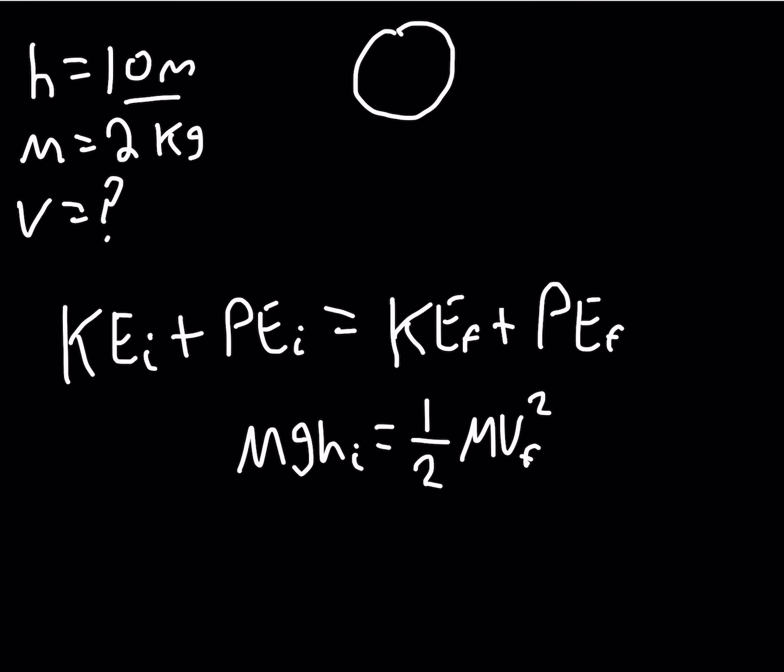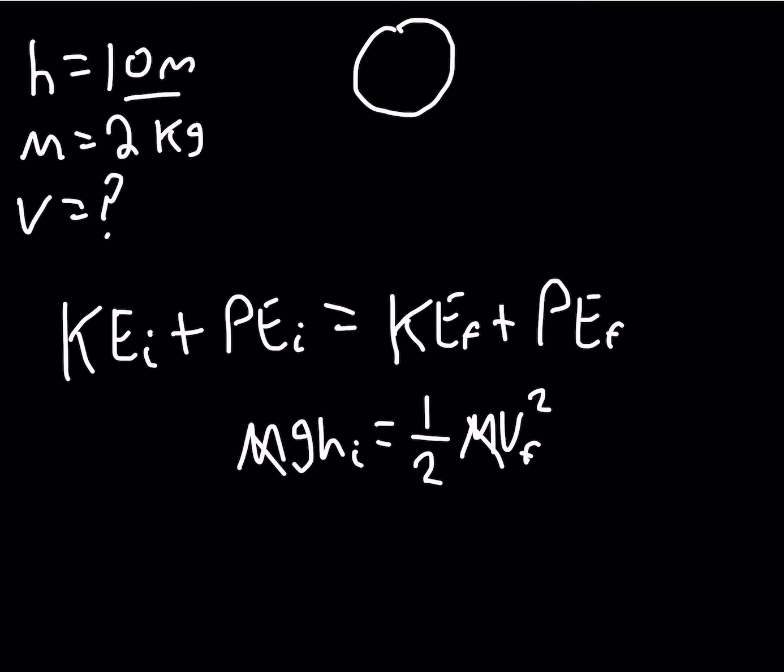So now from here, let's isolate for v. That'll be easier for us. So first, let's just cancel out m from both sides. So we'll take out m, and that'll give us 1/2 v final squared equals g times height initial.